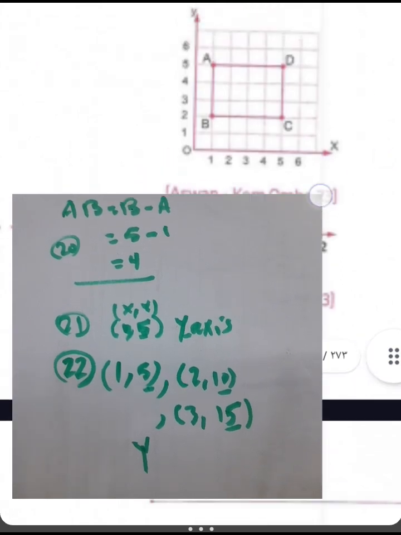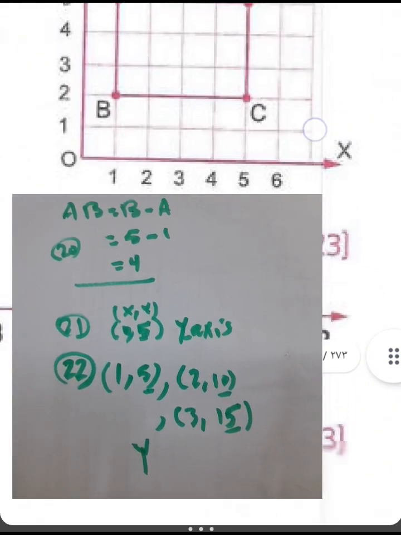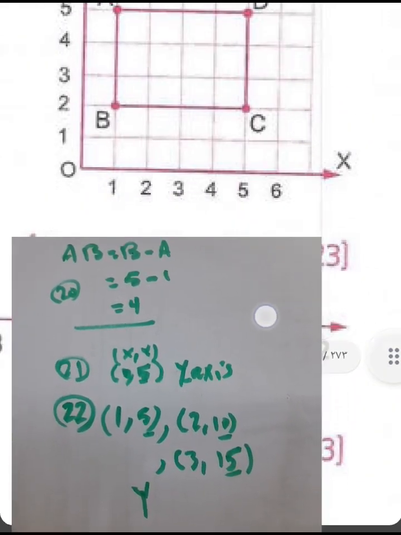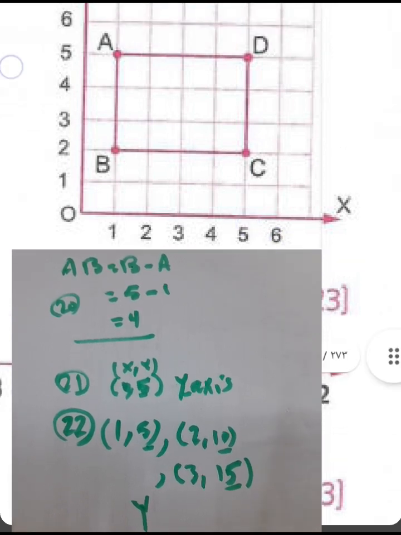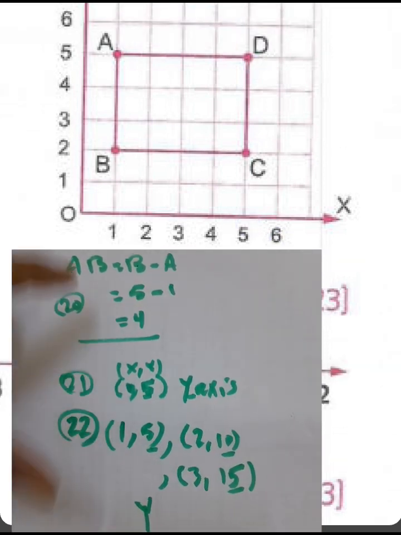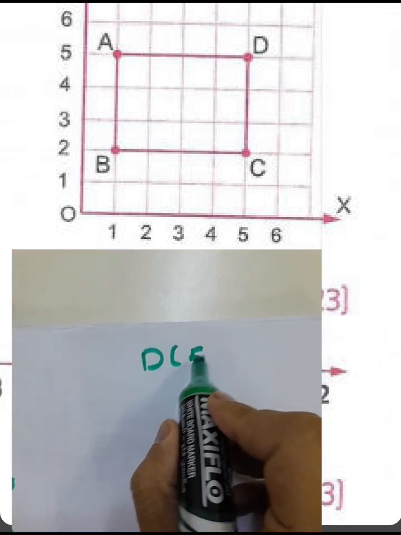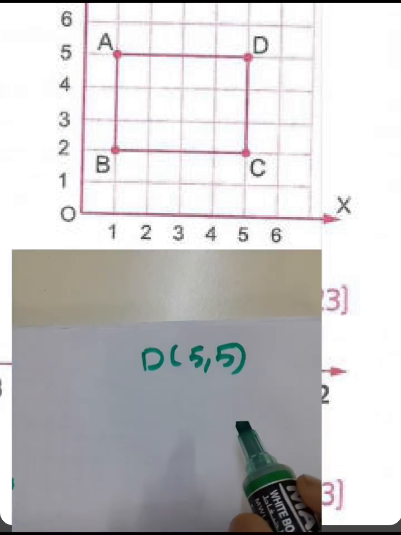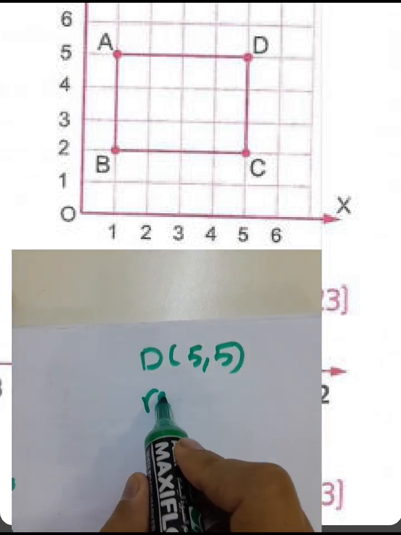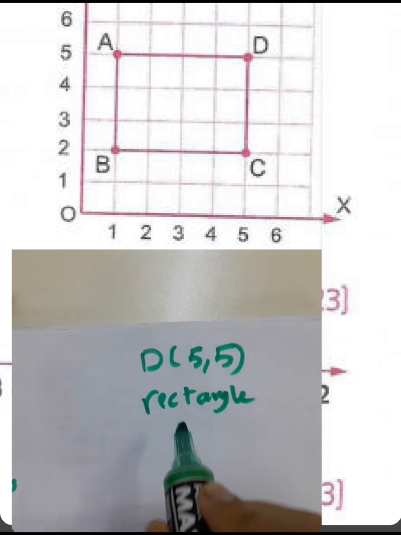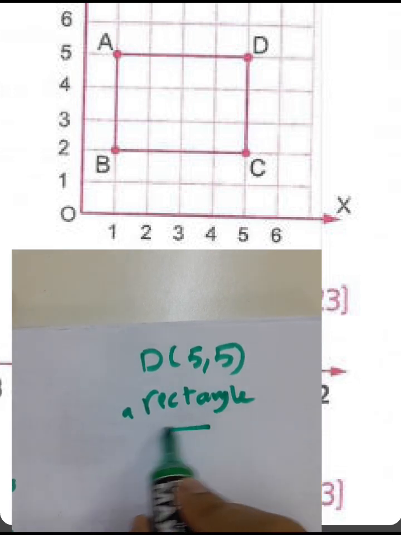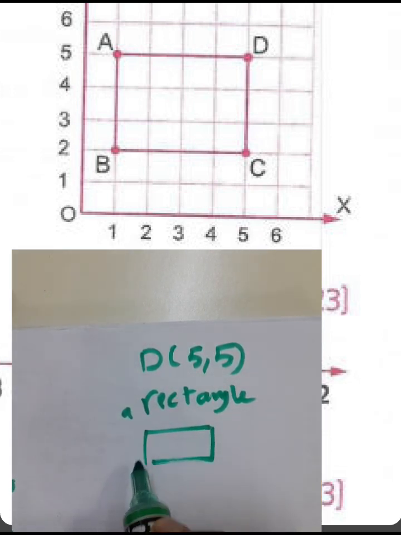Point D starts from 5 and ends at 5, then point D is (5, 5). And we have a rectangle. We call it a rectangle because we have length and width. The width was 3 length units and the length was 4 length units. Then we call it a rectangle.